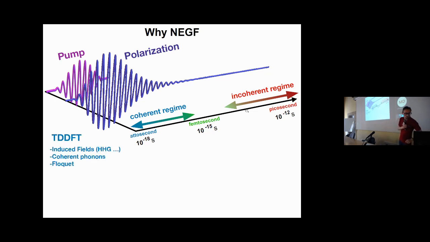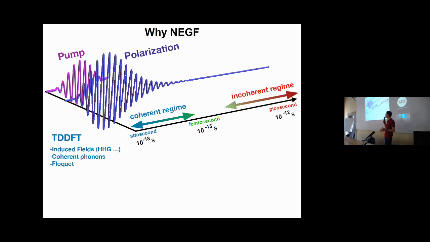So what about theory? The coherent regime can be described quite well with time-dependent density functional theory. TD-DFT captures very well important effects like, for instance, the induced fields. In terms of induced fields, you can study nonlinear phenomena, high harmonic generation, and so on.